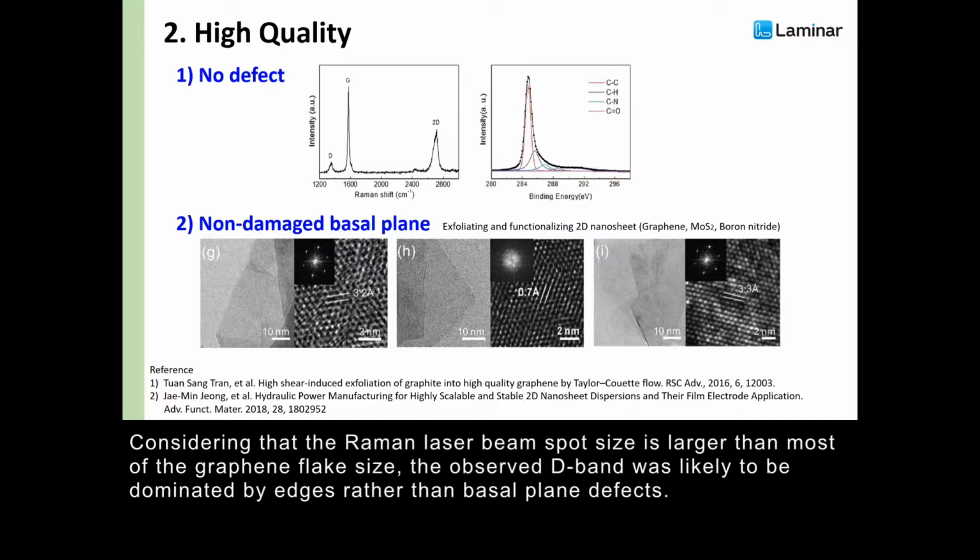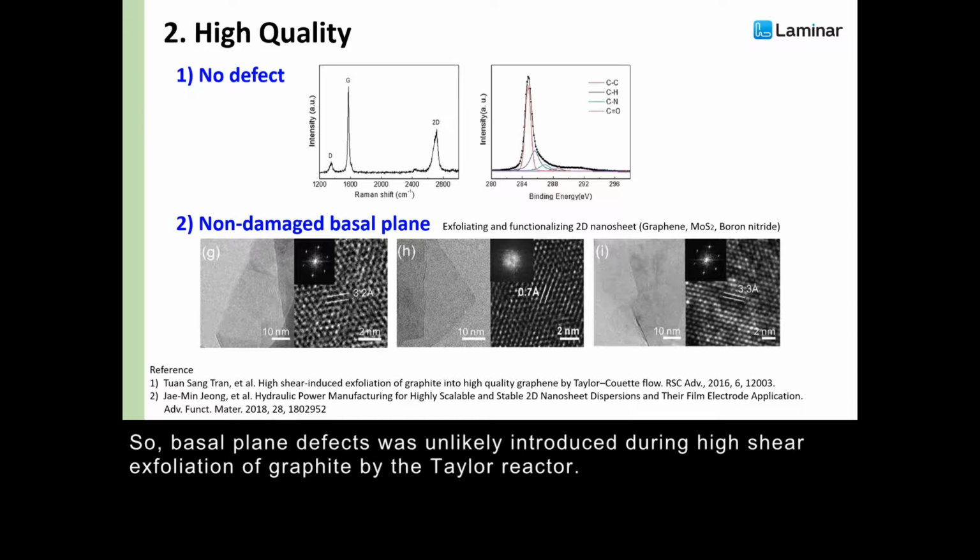Considering that the Raman laser beam spot size is larger than most of the graphene flake size, the observed D band was likely dominated by edge rather than base plane defects. So base plane defects were unlikely introduced during the high shear exfoliation of graphite by the Taylor reactor.